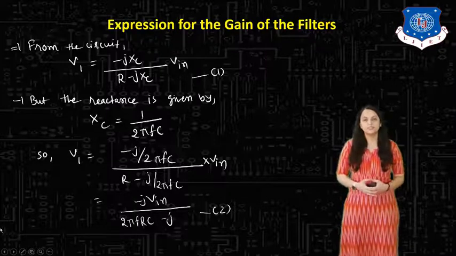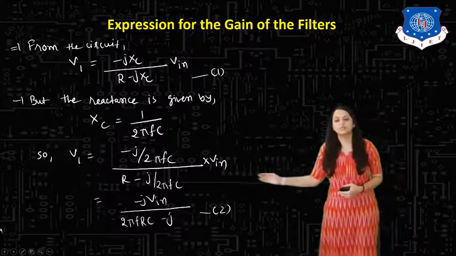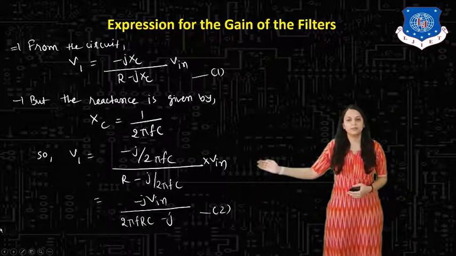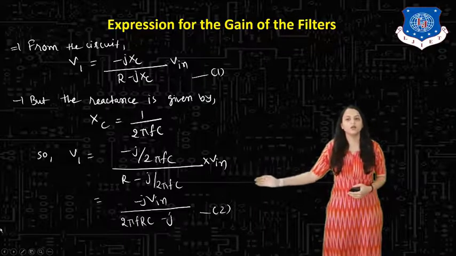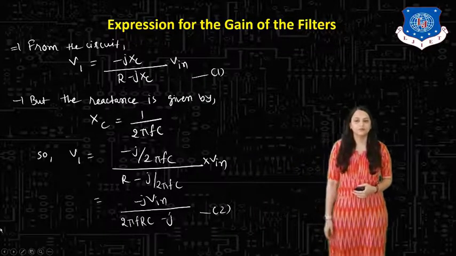If we place this value in equation number 1, we will get V1 equals minus J by 2 pi FC upon R minus J by 2 pi FC into V. Okay.